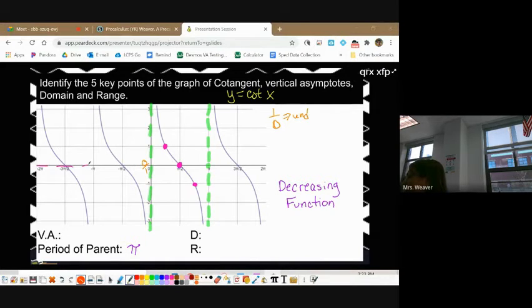So our midline is still here at 0. And we can go midline up to a key point and midline down to a key point. So the 5 key points for tangent are asymptote, up the amplitude, midline, down the amplitude, asymptote.